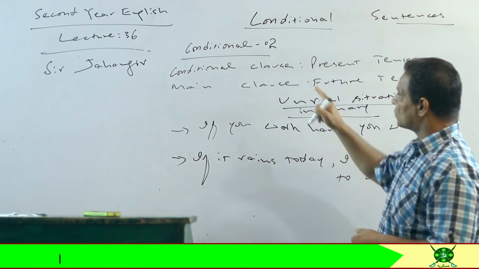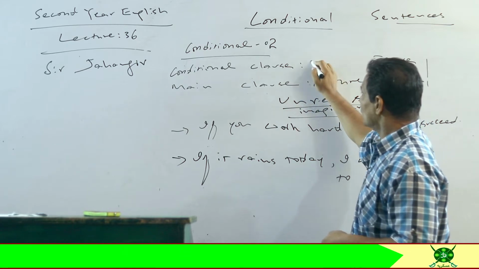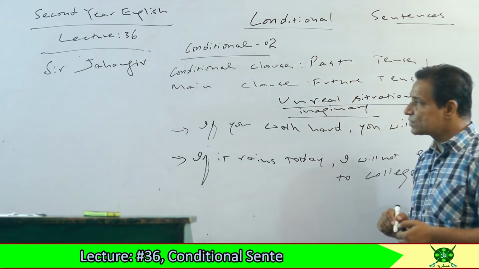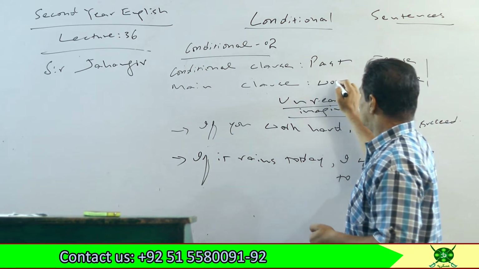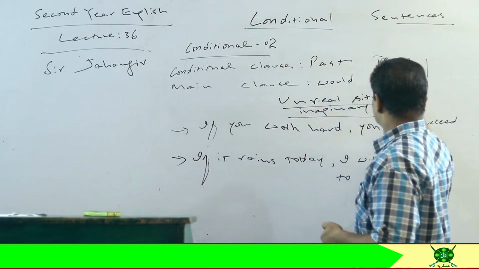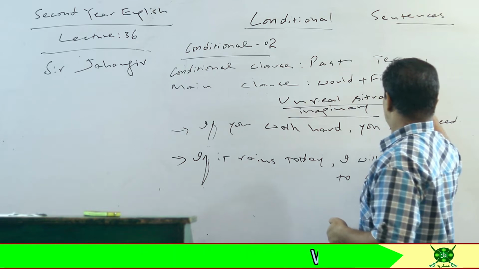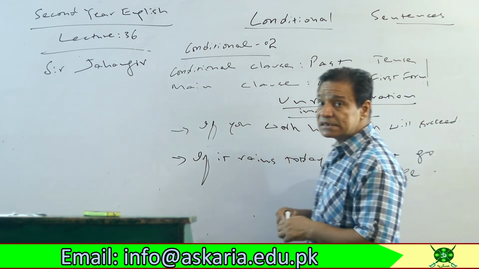In this, the conditional clause will be in past tense, and the main clause will have would plus the first form, and it is telling us something uncertain.